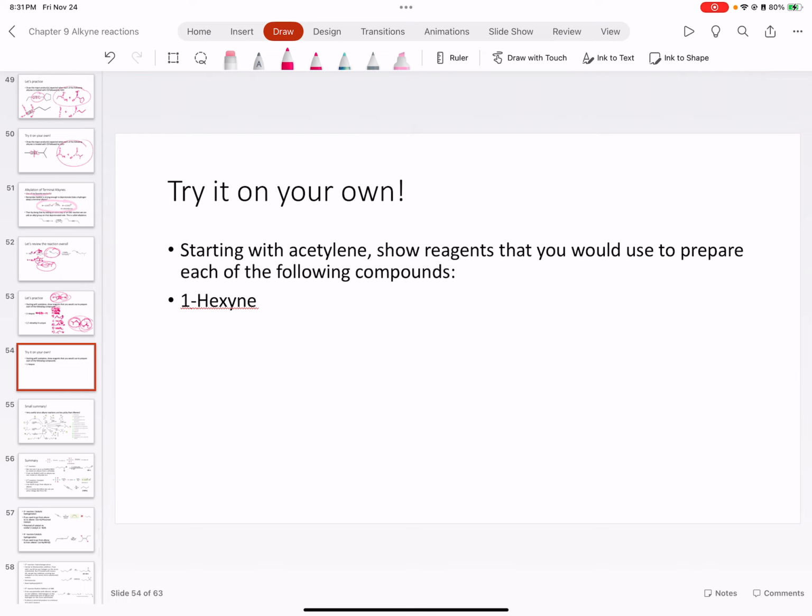Then try it on your own. 1-hexene. Let's see, so then 1-hexene is gonna look like 1, 2, 3, 4, 5, 6.